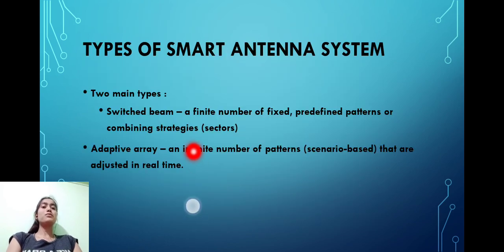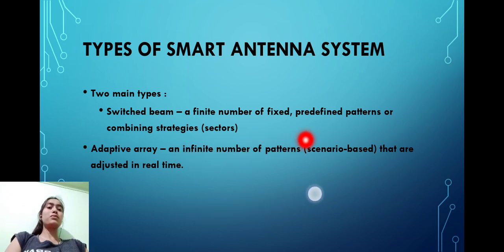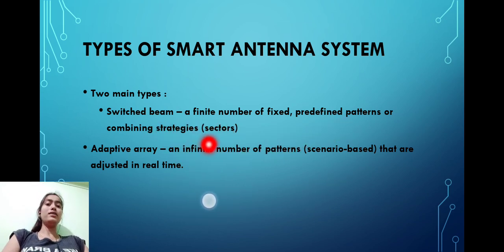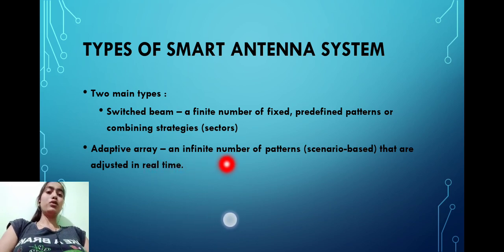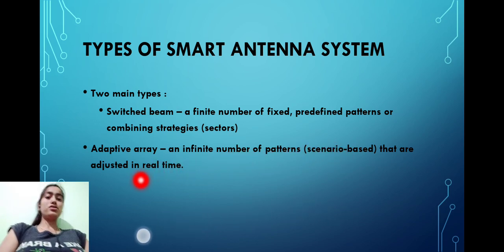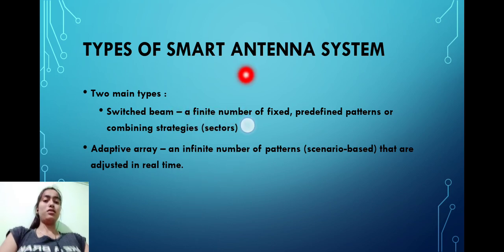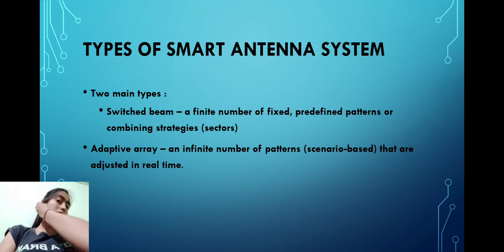Next comes the types of smart antenna system. There are two main types: switched beam antenna and adaptive array antenna. Switched beam has a finite number of fixed predefined patterns or combining strategies. Adaptive array has an infinite number of patterns that are adjusted in real time. In a switched beam antenna, a number of arrays are connected, and each antenna will have its own radiation pattern.